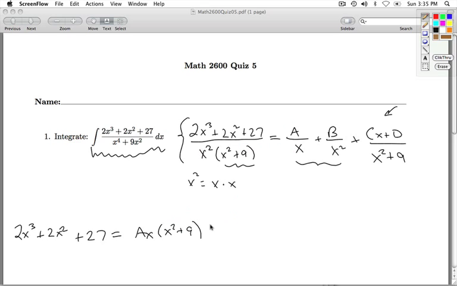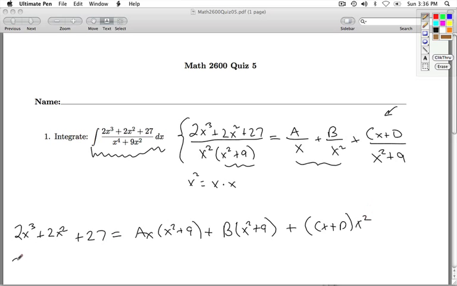And we're going to get plus, if I take this denominator times this term, the x squares cancel, I have B times the quantity x squared plus 9. And I can take this times the last, I'm going to get Cx plus D times x squared.